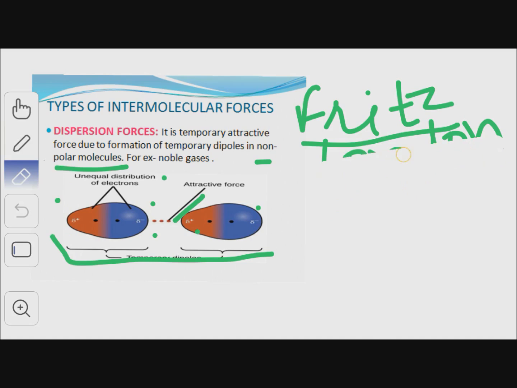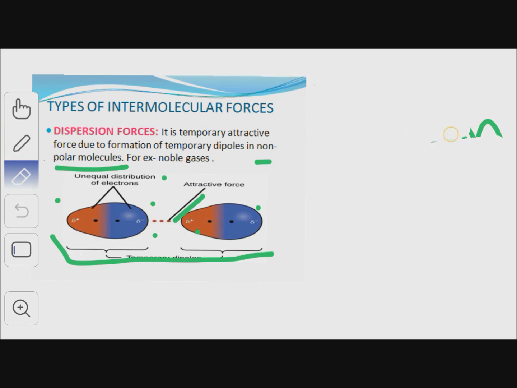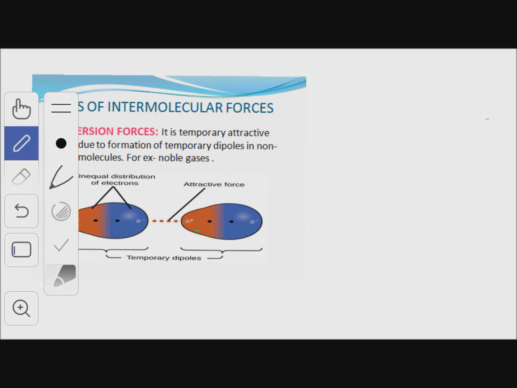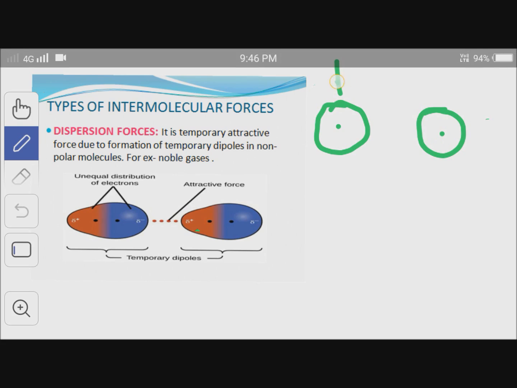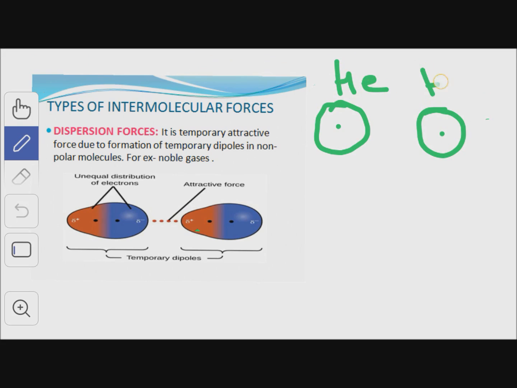like helium. In case of helium, suppose these two spheres represent the helium atoms. And this is the nucleus of helium, and the space around this nucleus has electrons.